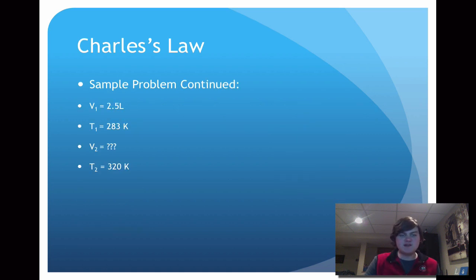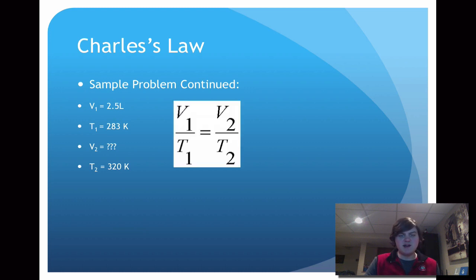So to continue the sample problem, I have pulled those 3 variables over to this slide, and we will look at Charles's law and start plugging in information. We take V1, which is 2.5, and put that over T1, which is 283, and set that equal to V2 over 320.